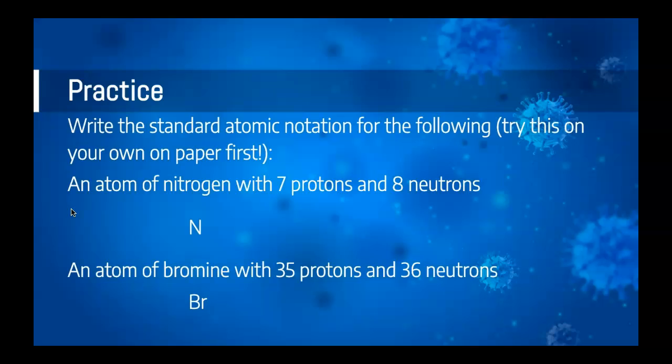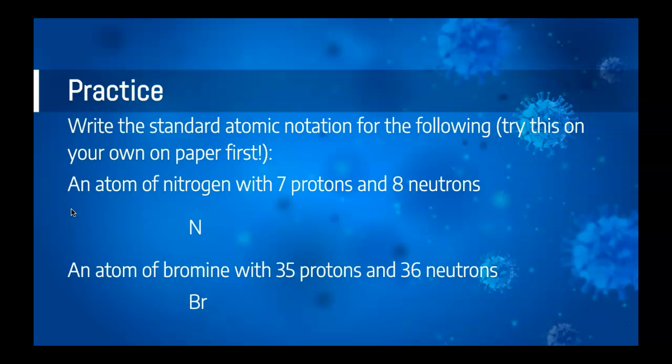All right? So I want you to practice. I want you to try this. I have two elements here. I've got an atom of nitrogen and an atom of bromine. Now, you could get information from the periodic table. I can give you information.